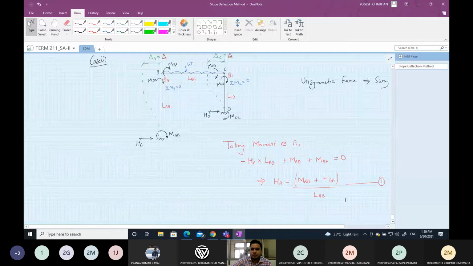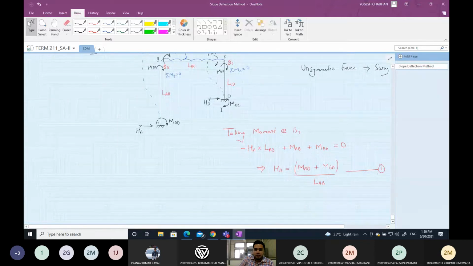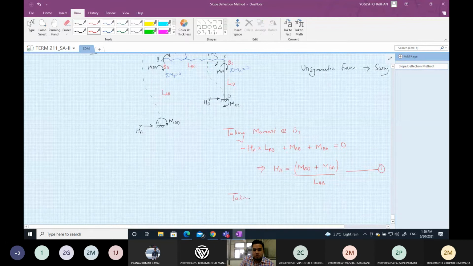Now similarly, let us take moments at C. So taking moment at C, it will be HD into LCD. Again, this is anti-clockwise, so minus HD into LCD, then plus MDC because we have assumed it is clockwise, so positive.